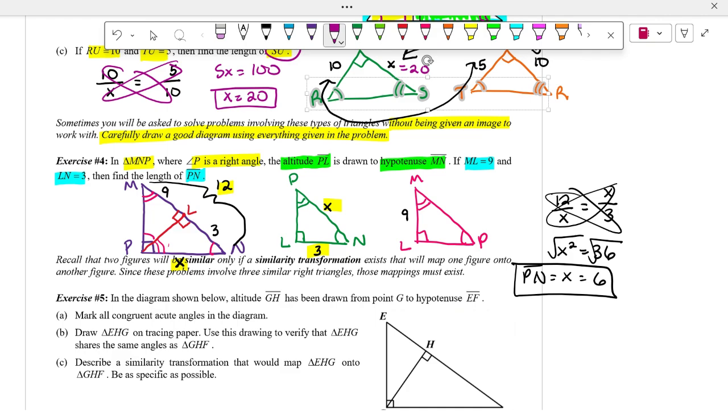So that X between P and... Well, it's because they want us to find PN. Okay, so here. You're basically separating.